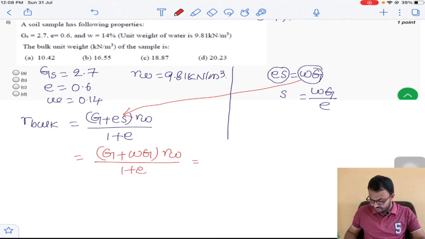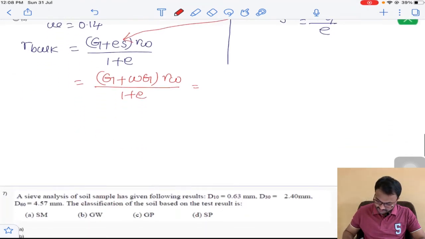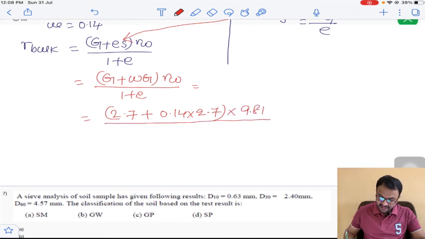So in this expression we know each and every term. I am going to substitute the value of G as 2.7 plus 0.14 into 2.7, and gamma w he has given as 9.81. Whenever he has not given the value and you are not allowed to take the calculator, you can assume it is sometimes 10, very near to 10.